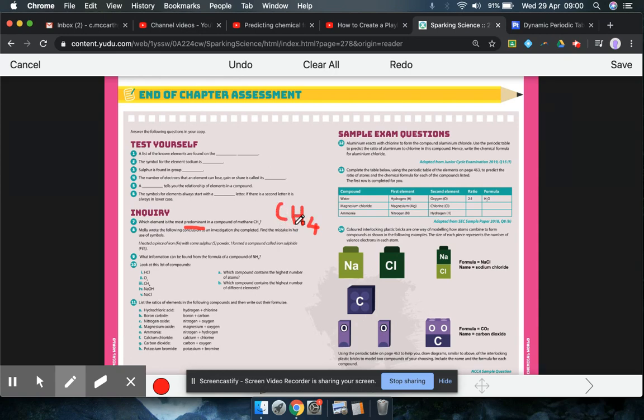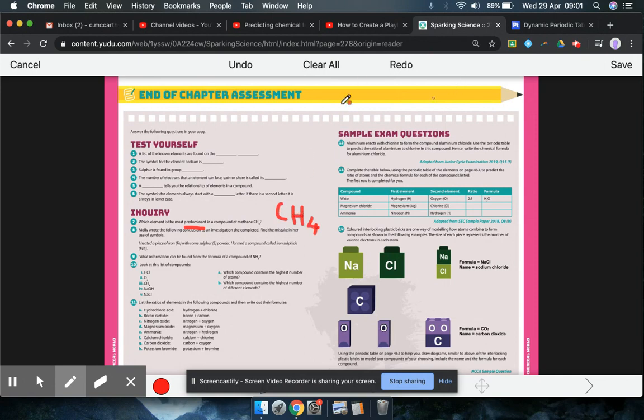We can see here that we have hydrogen, and a small 4 after it means I have 4 hydrogen atoms. So to make a compound of methane, I need 4 atoms of hydrogen and 1 atom of carbon. Now, if we look at our periodic table, let's see if their valencies match.